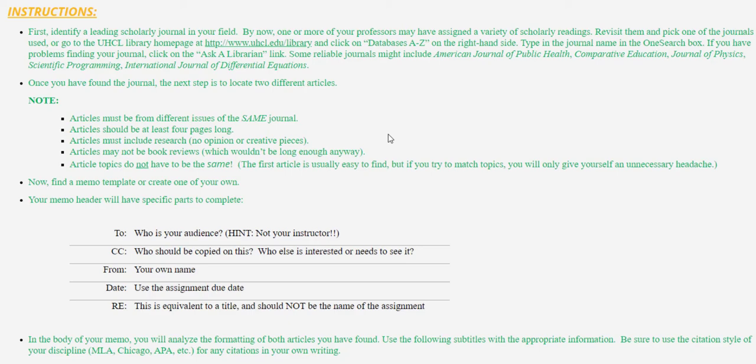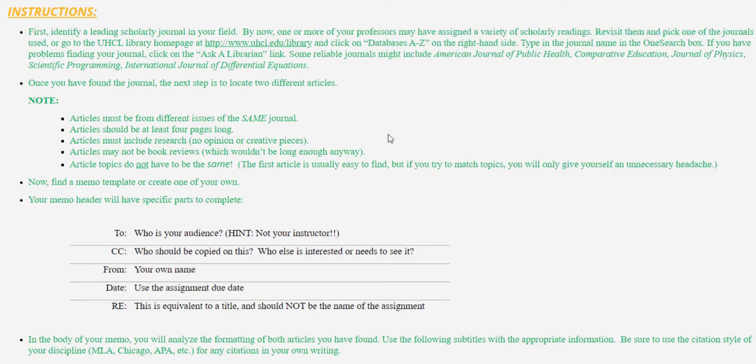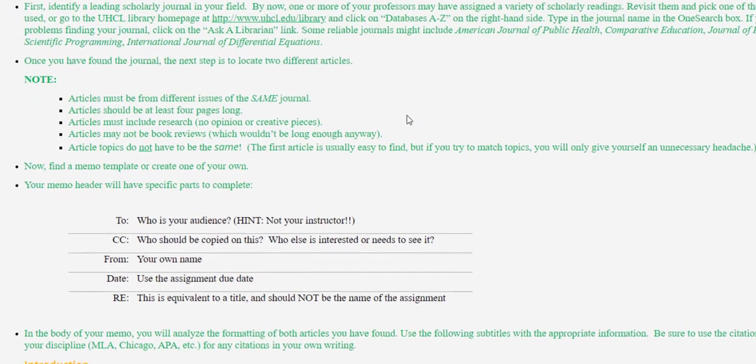Or you could have one about the benefits of cooking in dehydrogenated oils, and another that is about the culinary schools of the world and which is best, as long as they come from the same journal.